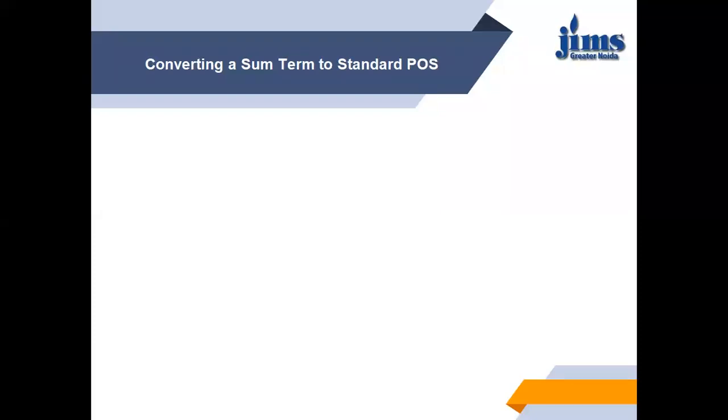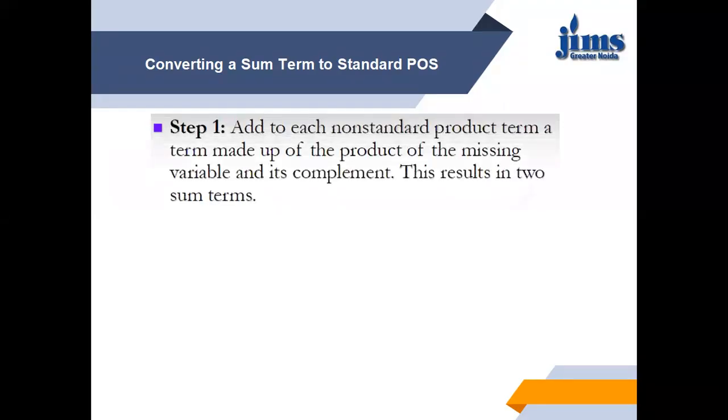Converting a sum term to the standard POS when required. For the first step, as we have done in the case of SOP, add to each non-standard sum term, that is, a term in which any input variable is missing, a term made up of the product of the missing variable and its complement.